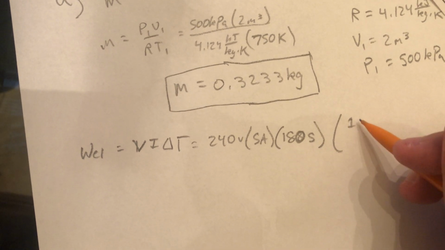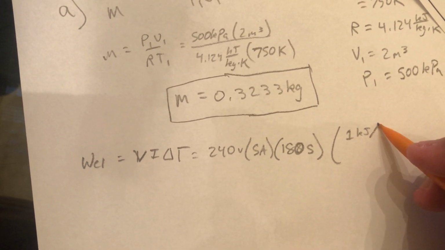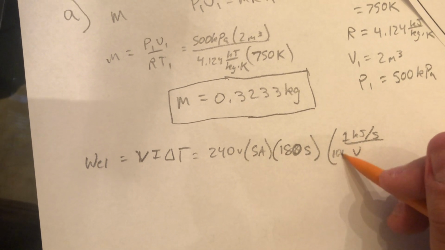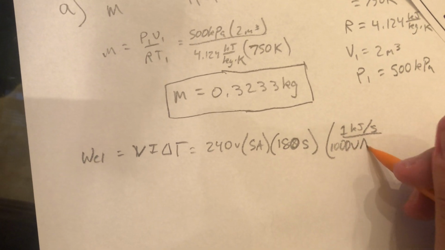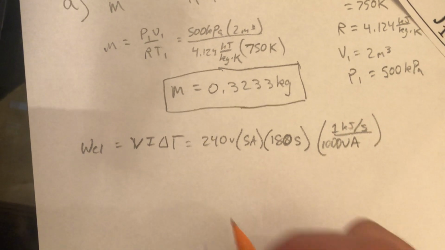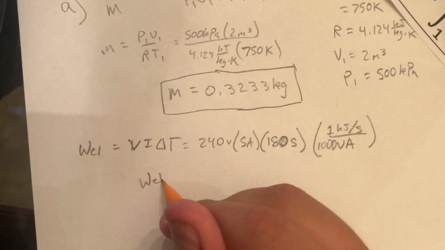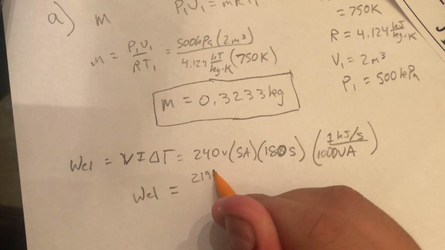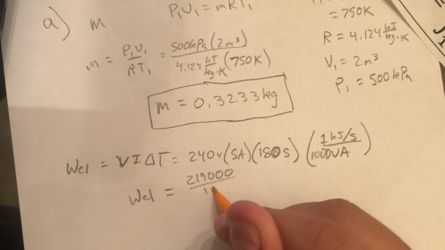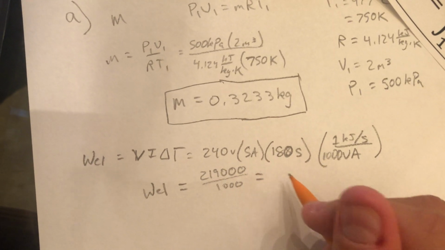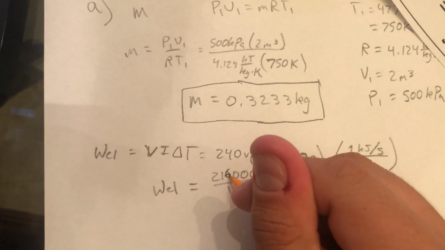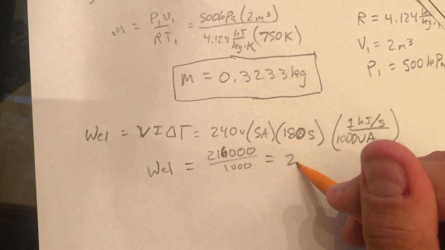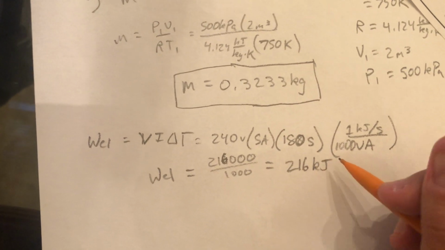And then 1 kilojoule per second is equal to 1,000 volt amperes. Work electric comes out to be 216,000 divided by 1,000. So that's equal to 216 kilojoules.